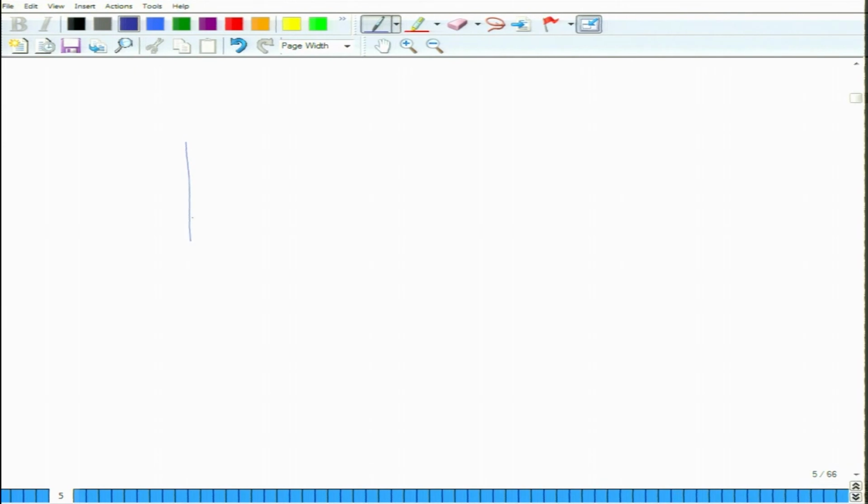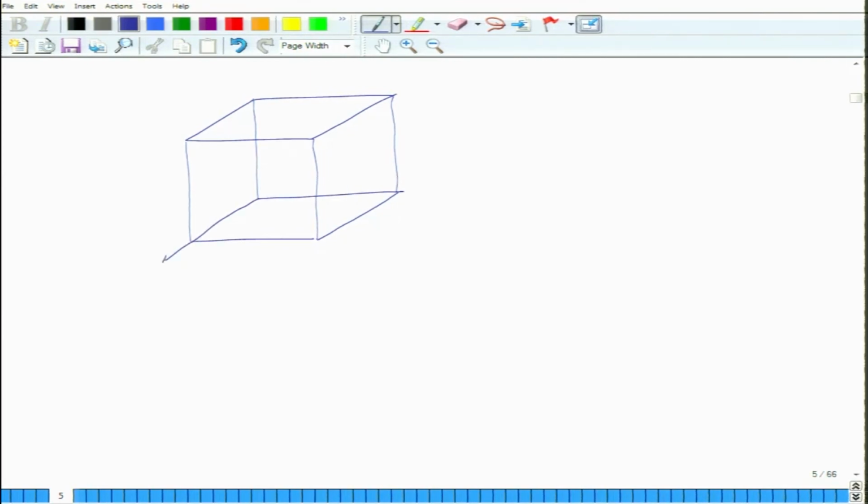Now, this is how you can identify a plane. As I told you the procedure in the last class, if you have a plane drawn within a unit cell, now let us say I would want to draw a plane here.